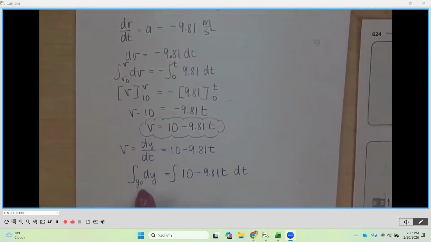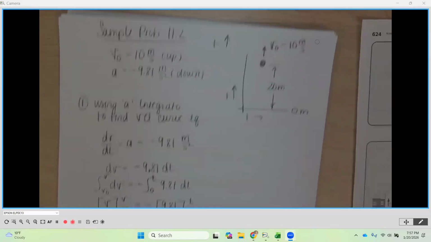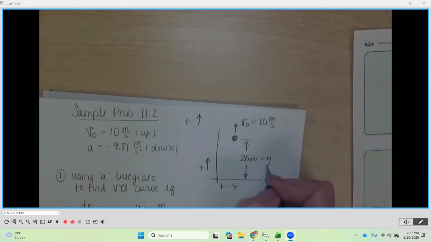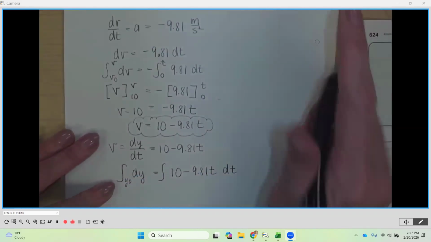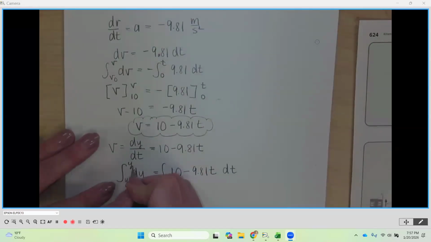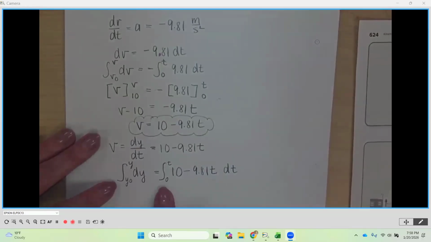So I'm going to start at my original distance, my y0, or my initial distance, and that's going to be equal to my 20. That's where we're starting, and then any value of y. And for time, I'm going to start at time 0, and go to any value of time that I want to know. So that's the 0 on the bottom and the t up on top.